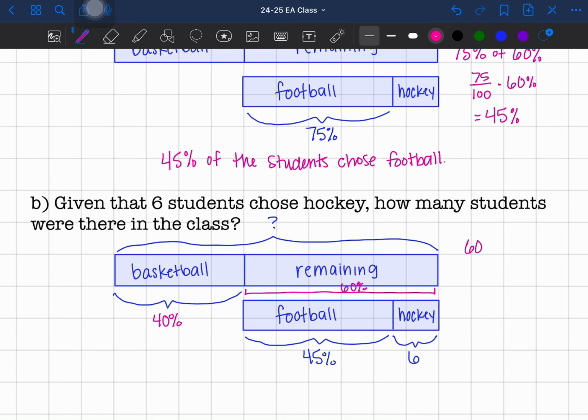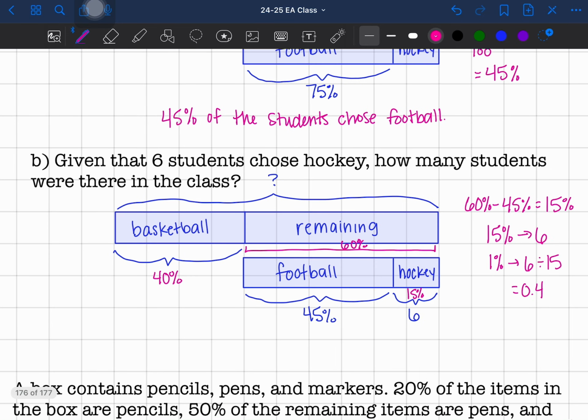So we can do 60% minus 45%, which is 15%. So hockey is 15%, and we know that 15% is 6 people. So to find 1%, we do 6 divided by 15, which is 4/10.